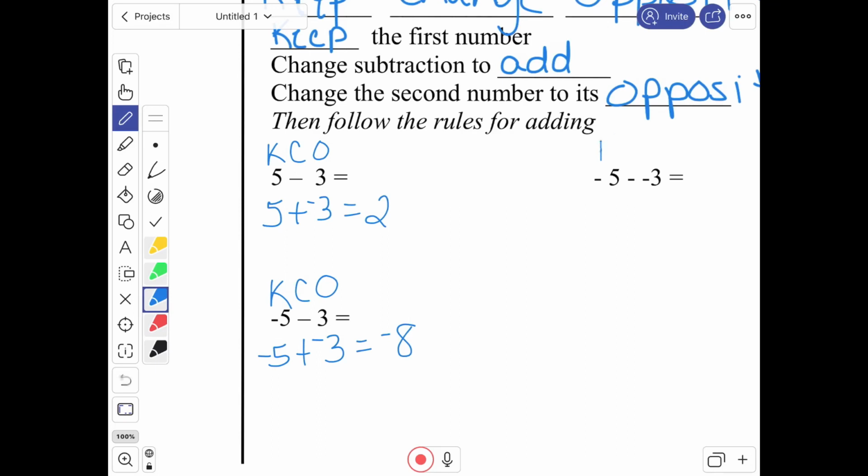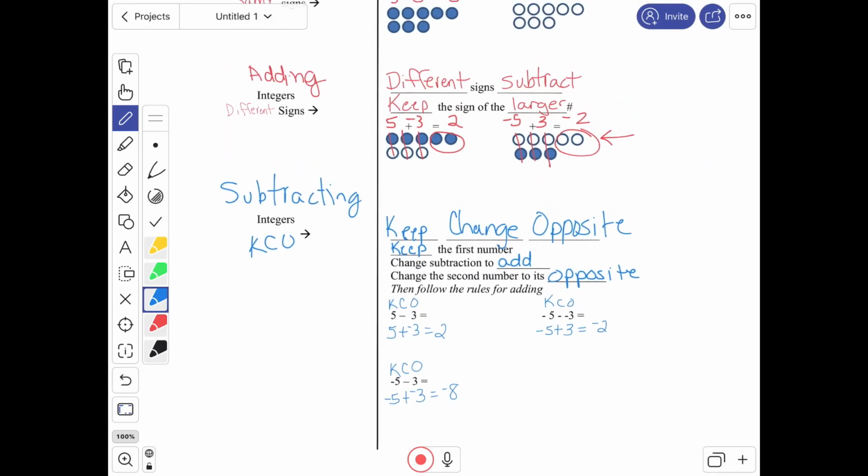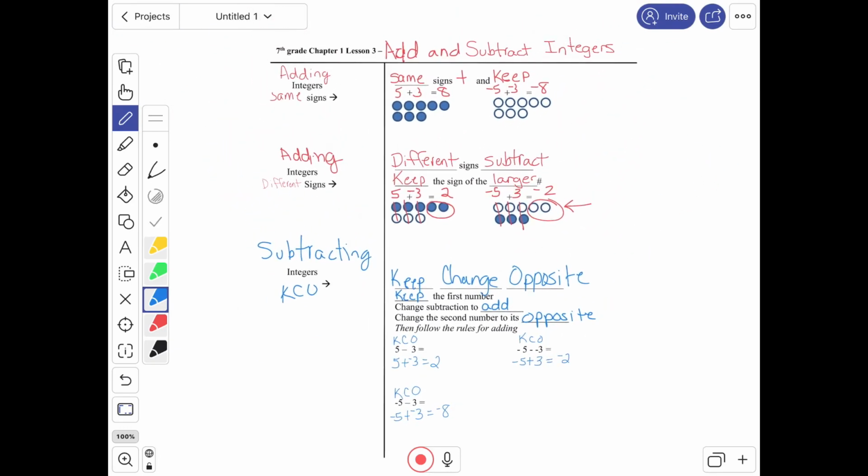And then they're both negative, 5 and negative 3 makes a negative 8. And then keep, change, opposite. So we keep the negative 5, change to addition, and then the negative 3 becomes a positive 3. That would equal negative 2.